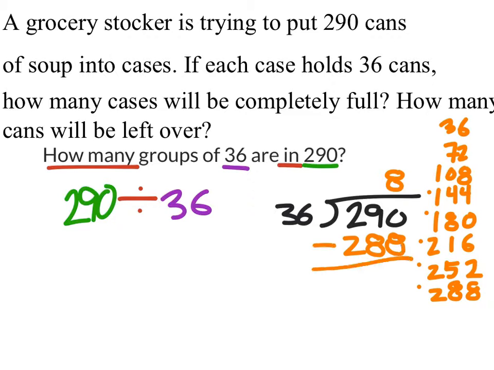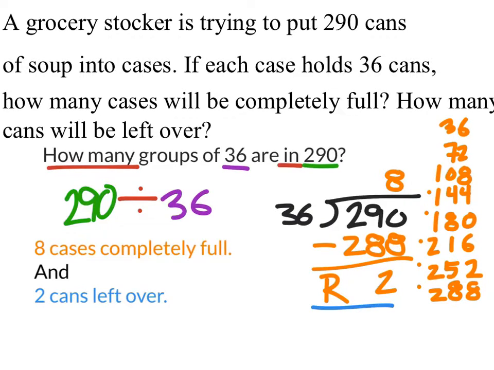So this also means that I have a remainder of 2. So, how many cases will be completely full? That's the 8. And then again, we're showing the 2 cans left over. So 8 cases completely full and 2 cans left over. That answers both of those questions.